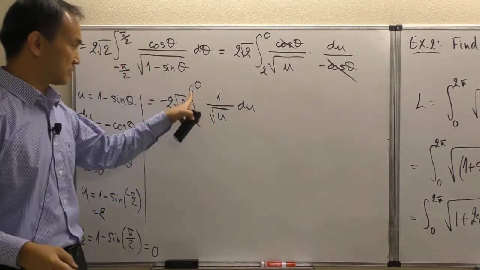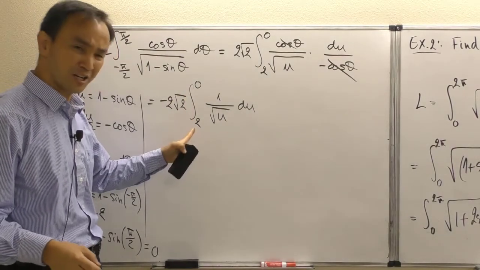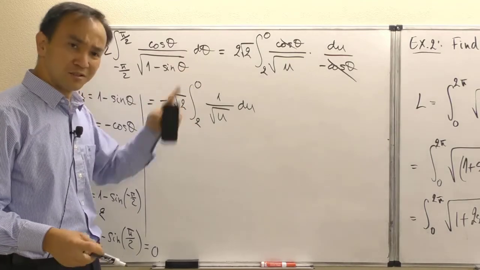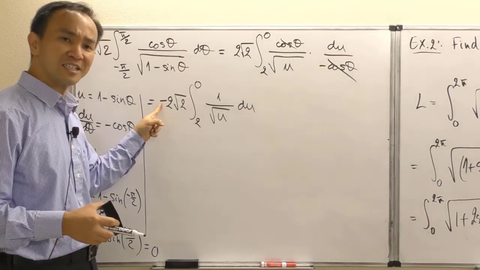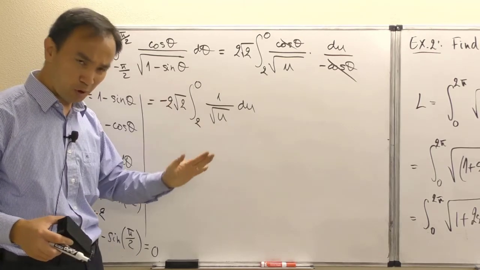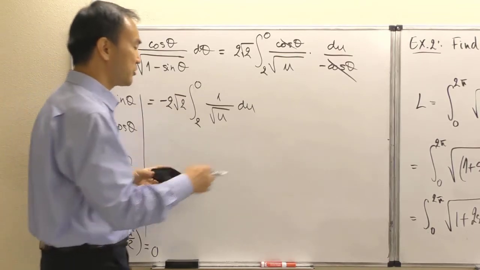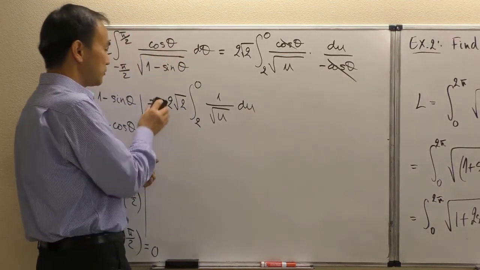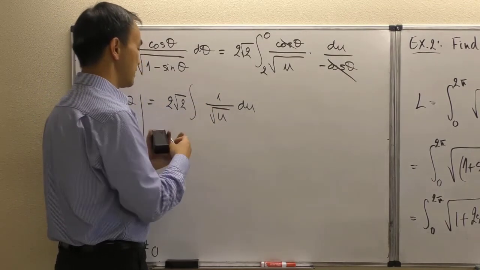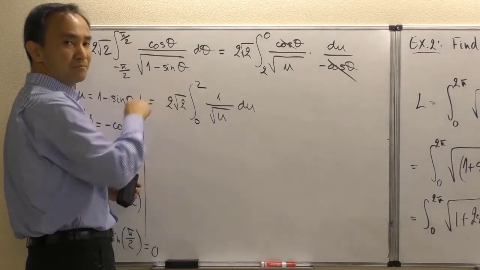But then notice, we have a very awkward interval that goes from 2 to 0, from big to small. But good news, we have a negative sign in front. According to the property of integrals that we have learned, I can now freely change this to 0 to 2 and skip that negative sign.